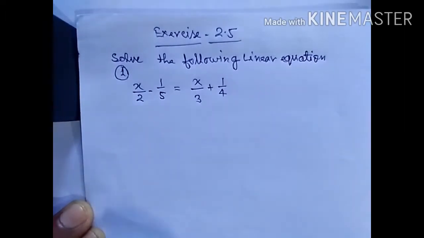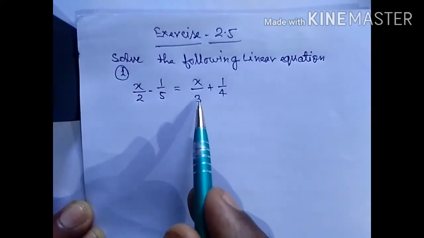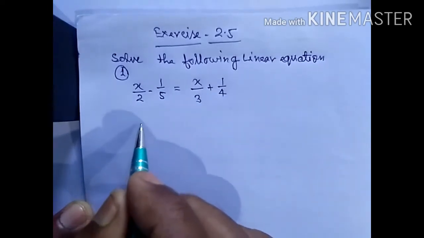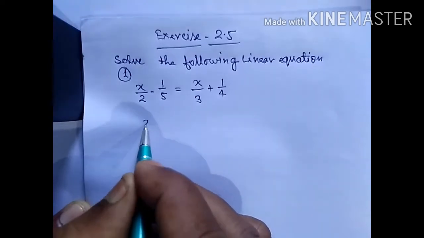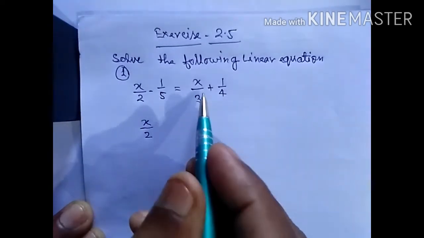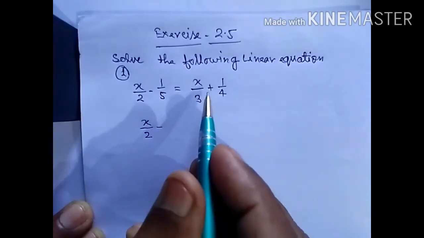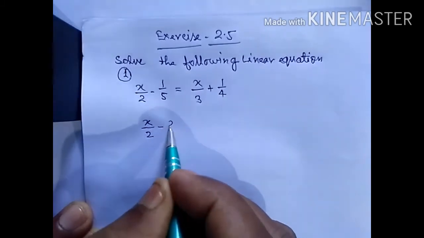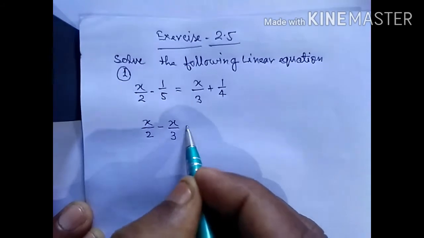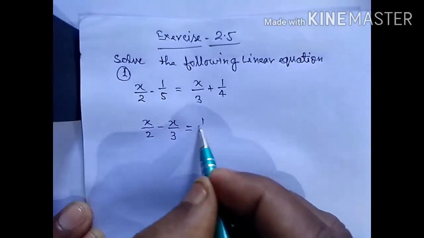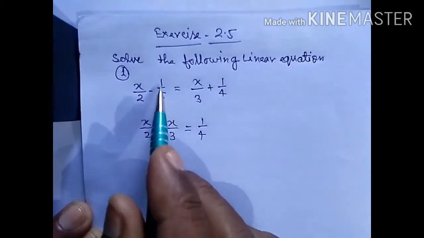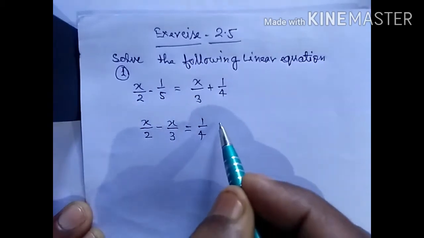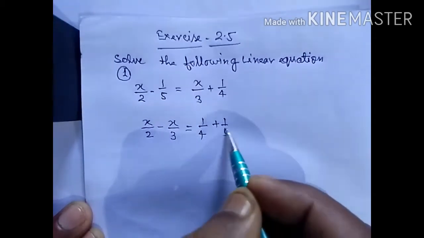We transpose x by 3 from the right hand side to the left hand side, so it becomes x by 2 minus x by 3 is equal to 1 by 4. And this 1 by 5 is negative, so after transposing it will be positive: plus 1 by 5.